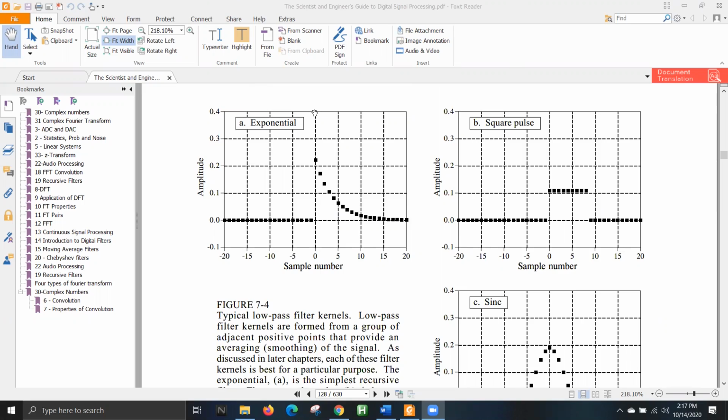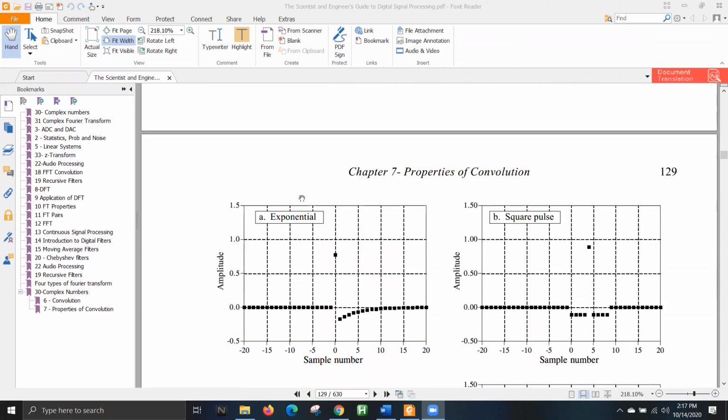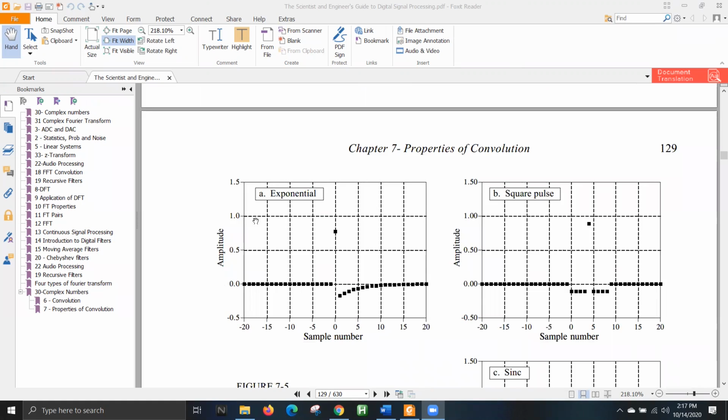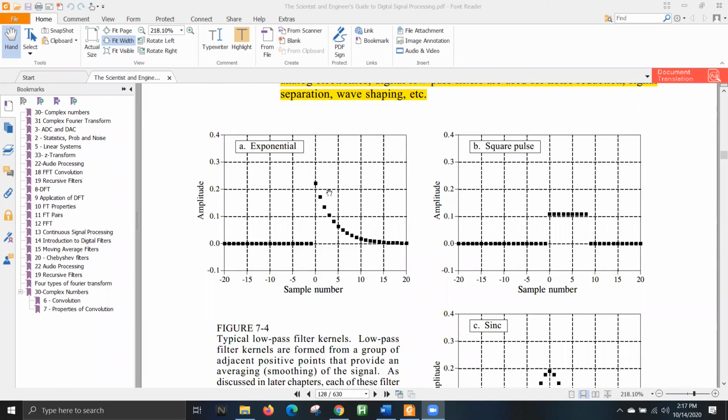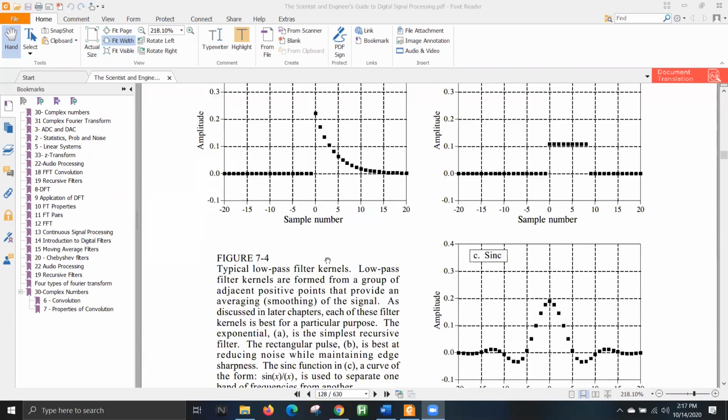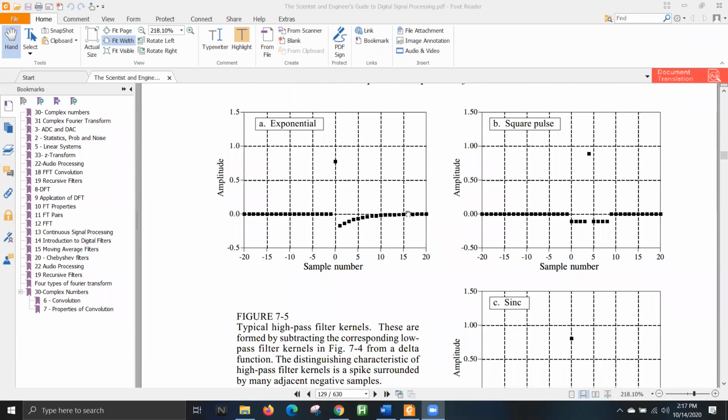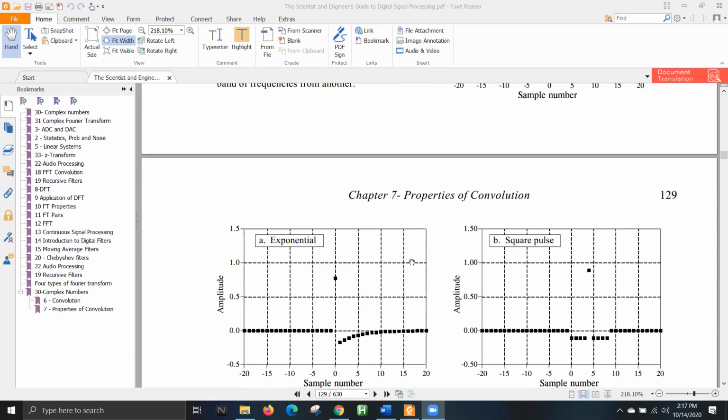The unit impulse was 1, so 1 minus 0.21 gives something like 0.79, a bit lower than 1. In this way, if you take the sample-wise difference for each of the points, you get the remaining points. This is how you got the high pass filter for the exponential case.